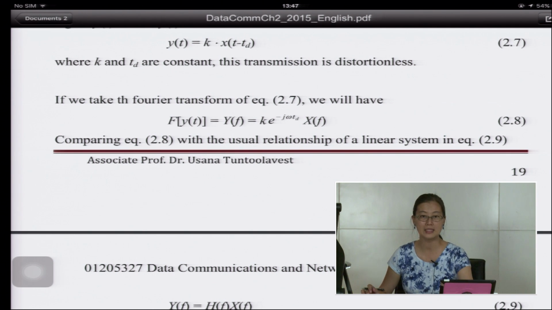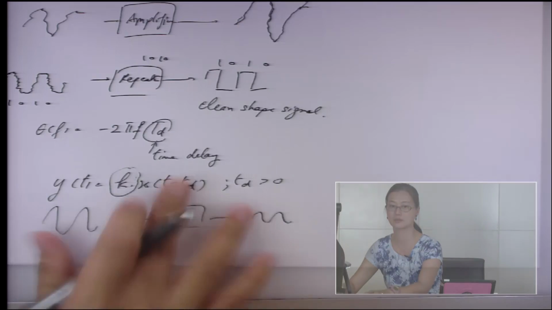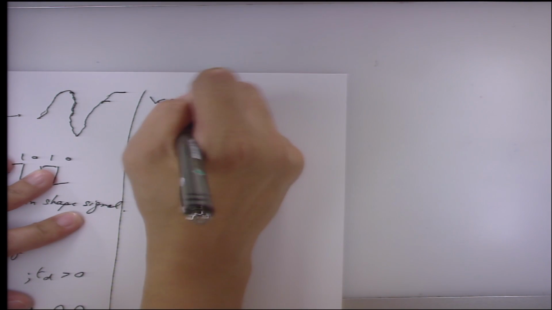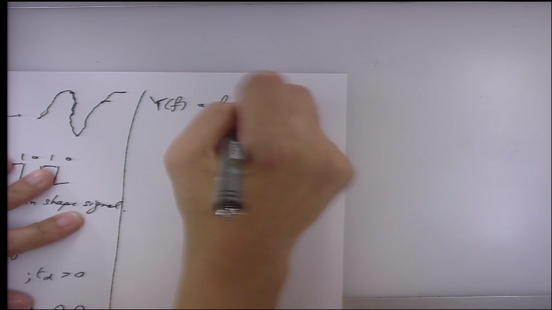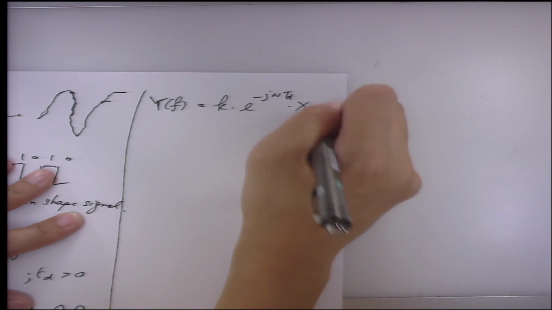Now, if you compare this formula to another formula, Y(f) equals H(f) multiplied by X(f), what will happen? One equation is Y(f) equals K times e to the minus j omega t_d multiplied by X(f).